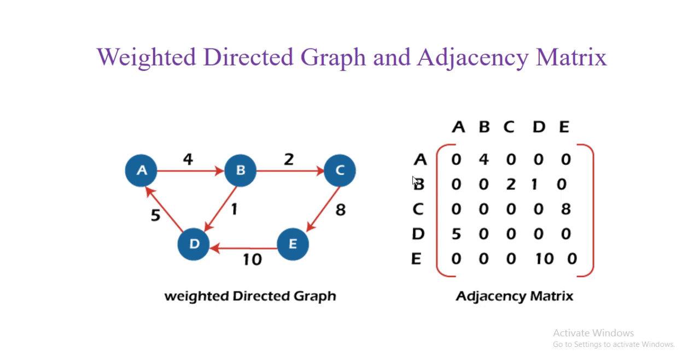Then B to C, write the 2. Then B to D is also present with the weight 1. So in this way you need to write. Then C to E, 8. If the edge is present, write the weight of that edge in the matrix.